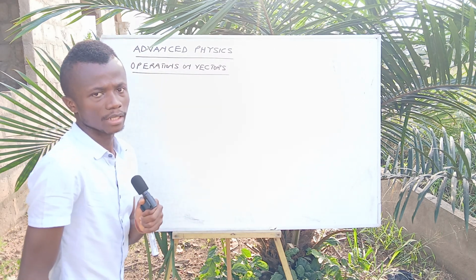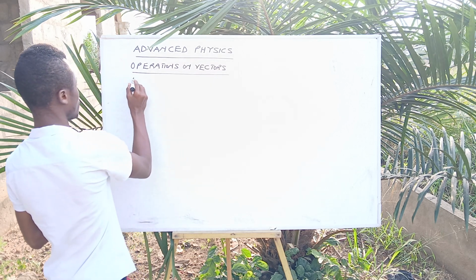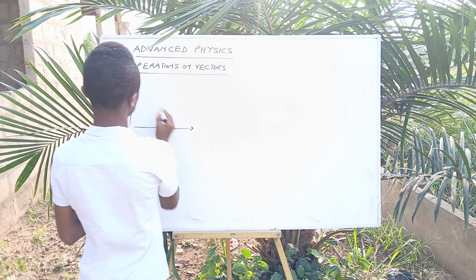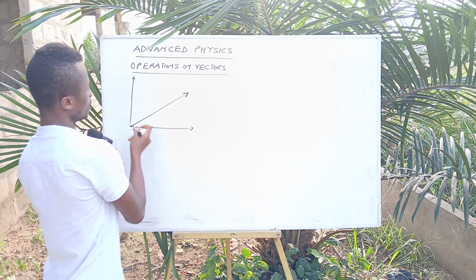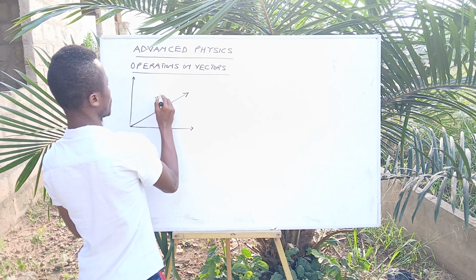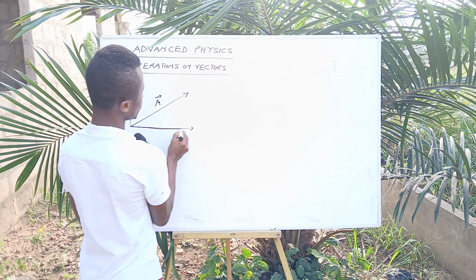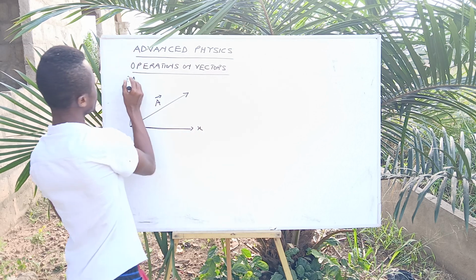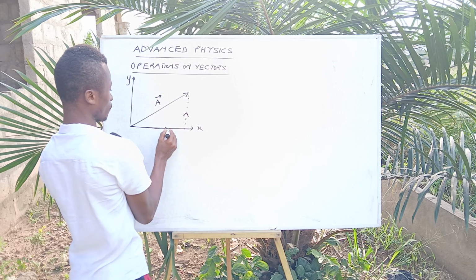We've already established that in 2D, every singular vector is denoted by this arrow. And if that vector is say A, this vector can be written as the magnitude in the x direction and the magnitude in the y direction, like so.